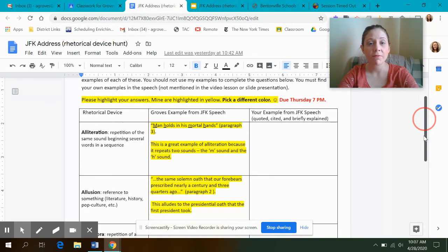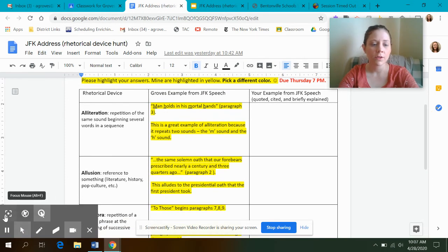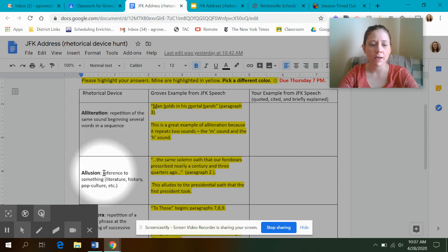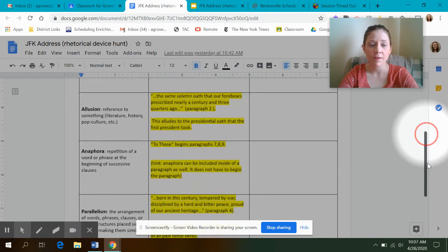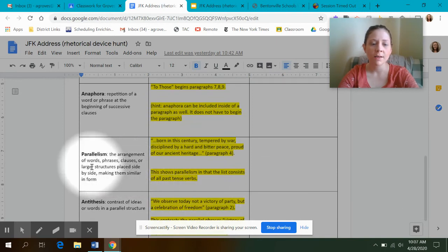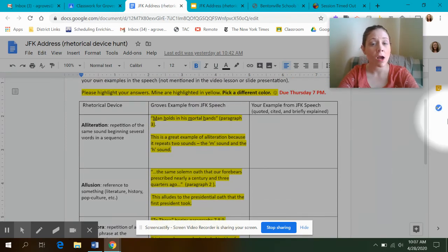So we have the 5 devices that we just talked about on your page. Let's use our handy dandy highlighter. Alliteration, allusion, anaphora. This is straight from the slideshow. Parallelism and antithesis. So we have those 5 listed there. And then my 5 examples that I already went over with you are in my column, Groves's examples.